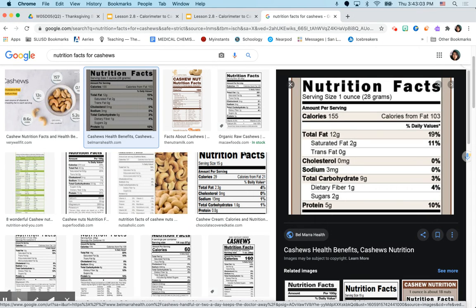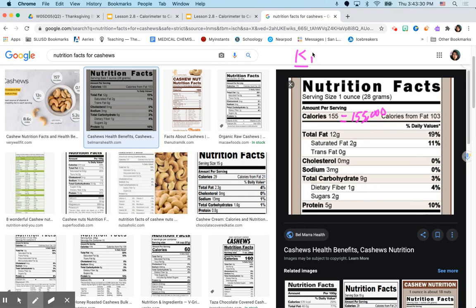It essentially means that you don't have 155 calories here. What we have in actuality is 1,000 times greater than this. So this is actually 155,000 calories, right?